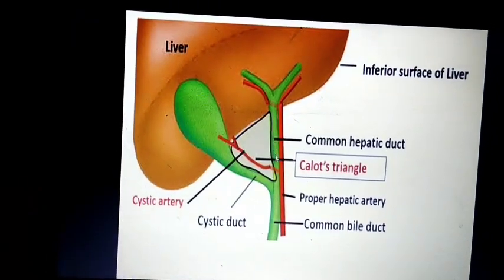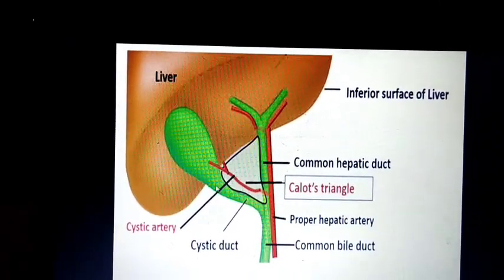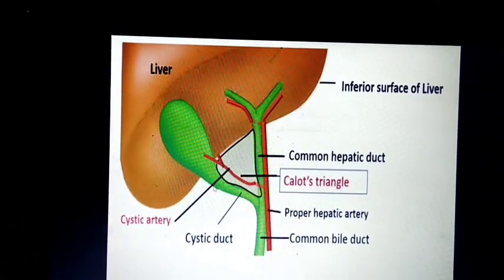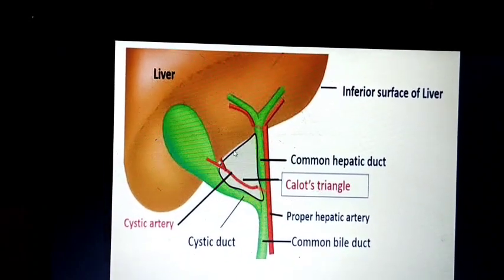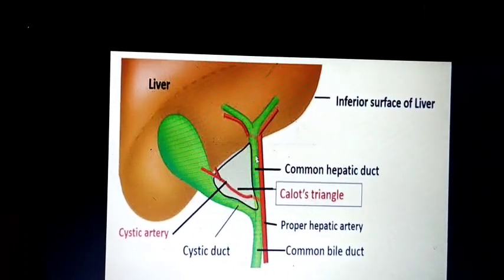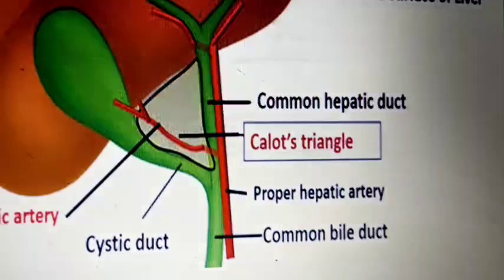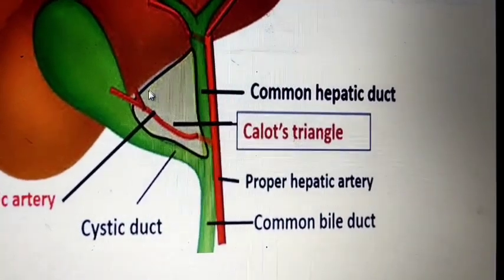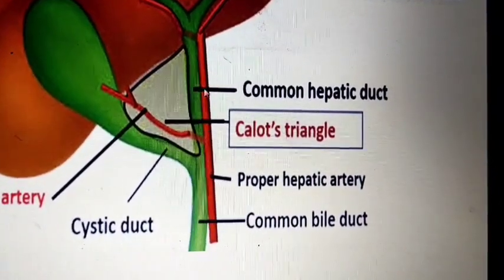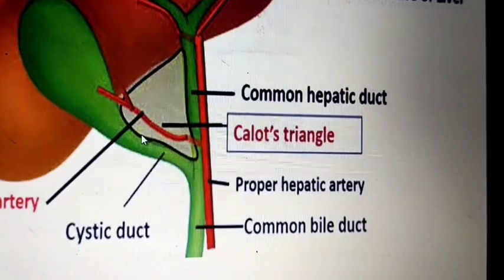It is formed superiorly by the inferior surface of the liver, medially by the common hepatic duct, and laterally by the cystic duct.